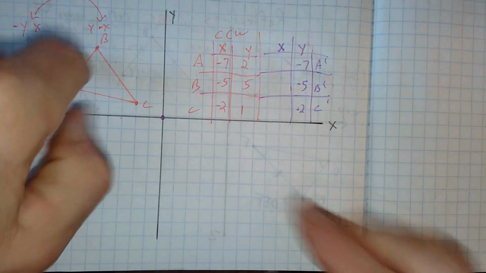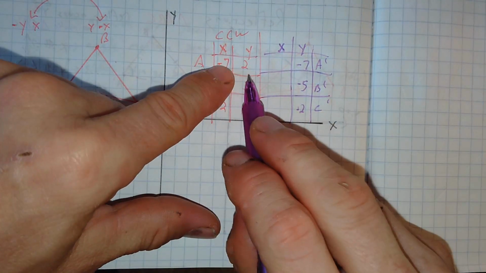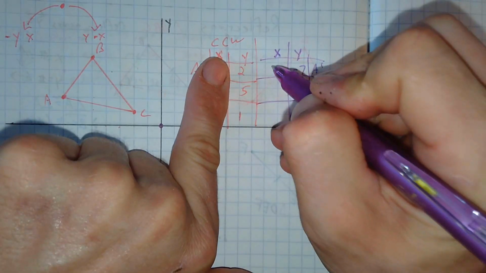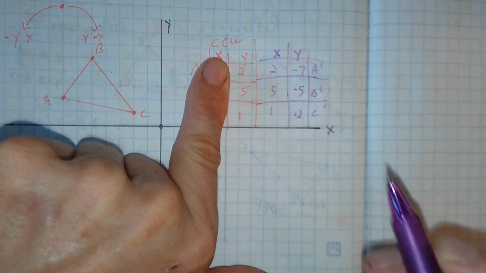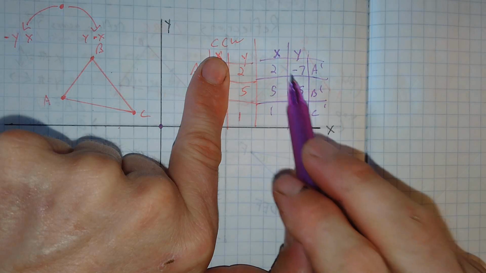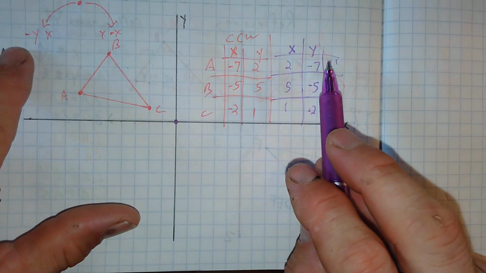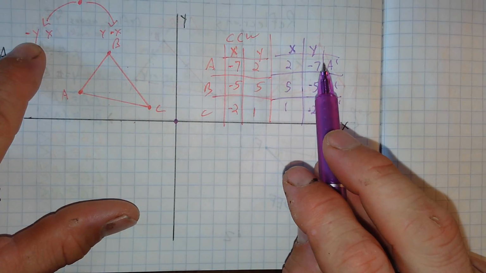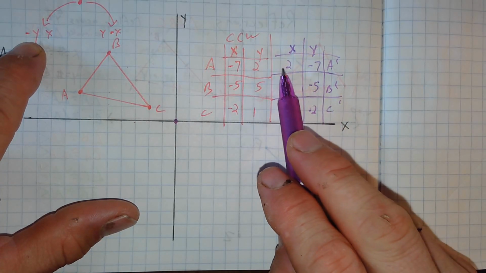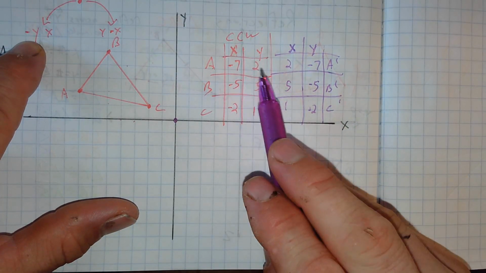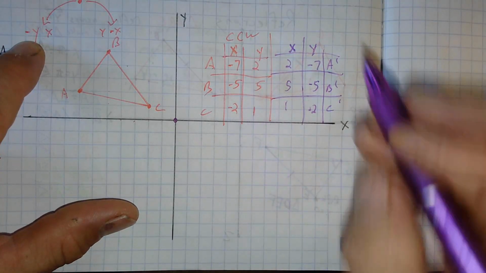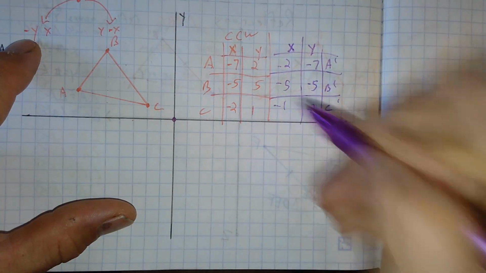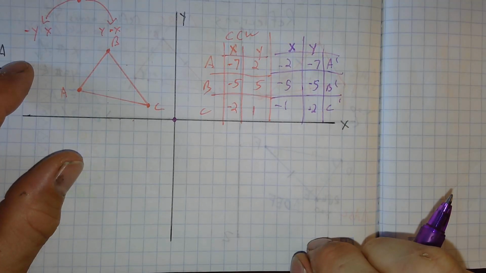Okay, now I'm going to take the Y column and put it in the X column. 2, 5, and 1. All right, now I need to change the signs of one of these. And since I'm rotating it this way, I have to change the signs for what was the Y's. Now I'm going to change the signs for each one of those. Okay, and those are my new points.